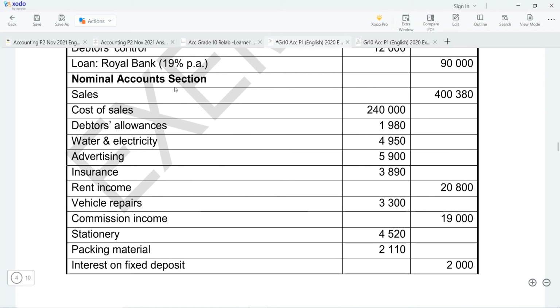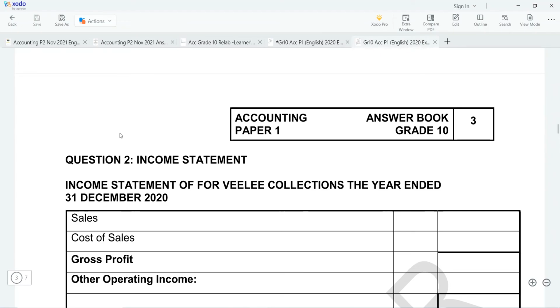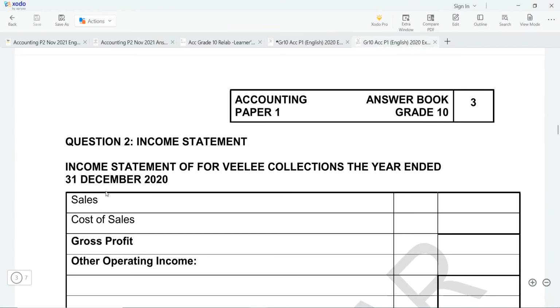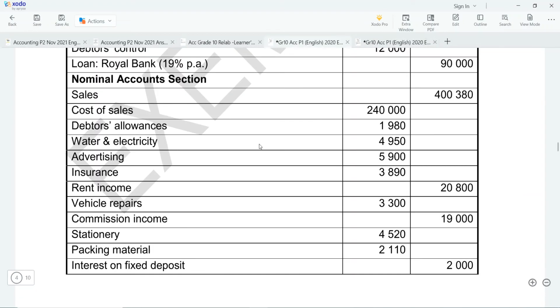According to this information, our sales is equal to 400,380, and we are going to start by entering our sales, which is 400,380. Once we are done with a particular item, we're going to tick it off so that we can remember what we have used and what we have not used. So this one, we have used it.